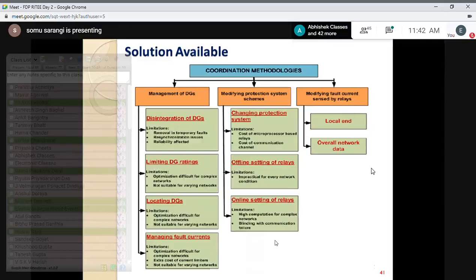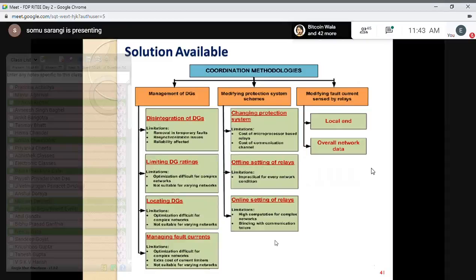But using the differential relay, we need a communication channel, and with a communication channel, the cost of the protection technique is always increasing. But as you know, for a protection system, we use only 5 to 10% of the total cost. We do not go beyond that. So that is not a correct solution when you are going to put more money in the protection system.